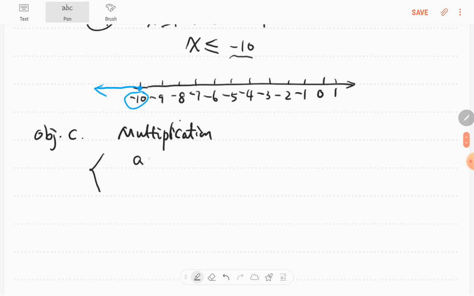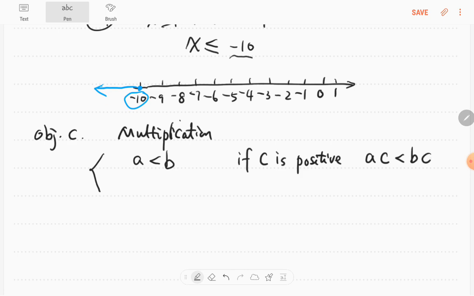Here, if A is less than B, if C is positive, then we can say AC is less than BC.